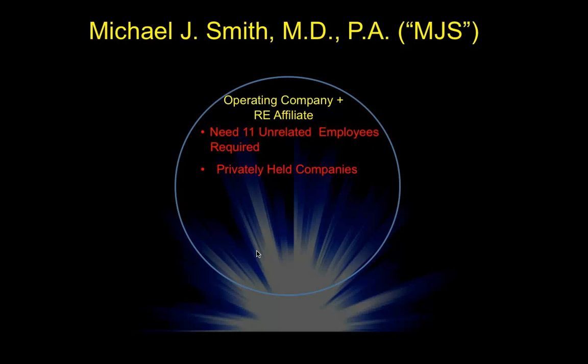Frankly, with the passage of Sarbanes-Oxley several years ago, that made ESOPs in the public sector very, very difficult to pull off. The other thing about this is that there has to be a threshold for tax liability.